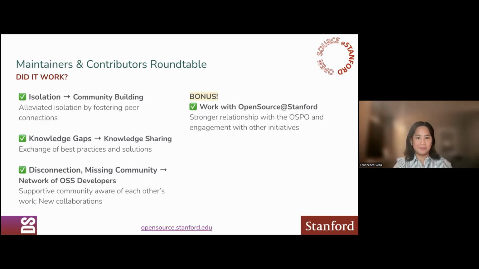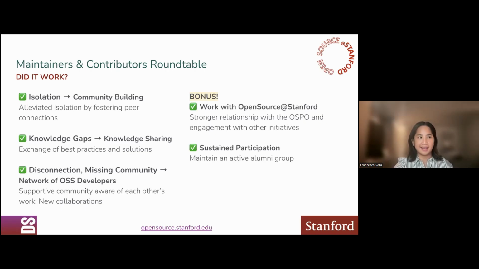And some bonus consequences. I would say a big one for me is that the MNCR has allowed members to build a stronger relationship with the OSPO itself. And because we have this platform to actually directly speak to the audience we want to tap into, we've been able to engage MNCR members in other initiatives, sustain participation.